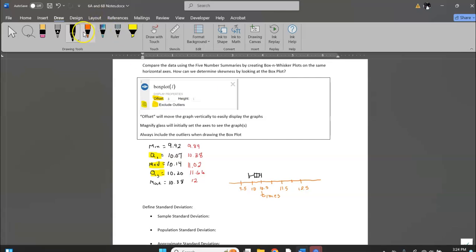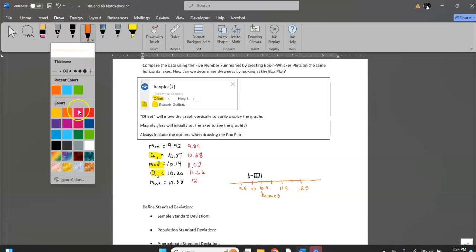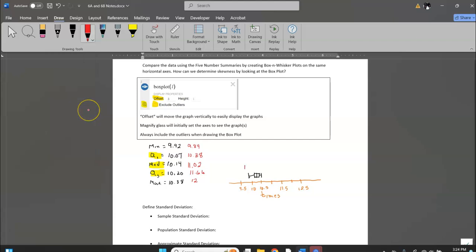And then for our other one, we want 9.89, just before this, then 10.38, 11.02, 11.66, and then 12. Again, our box is our middle three. And we can see once again that set 2 is much more spread out than set 1.